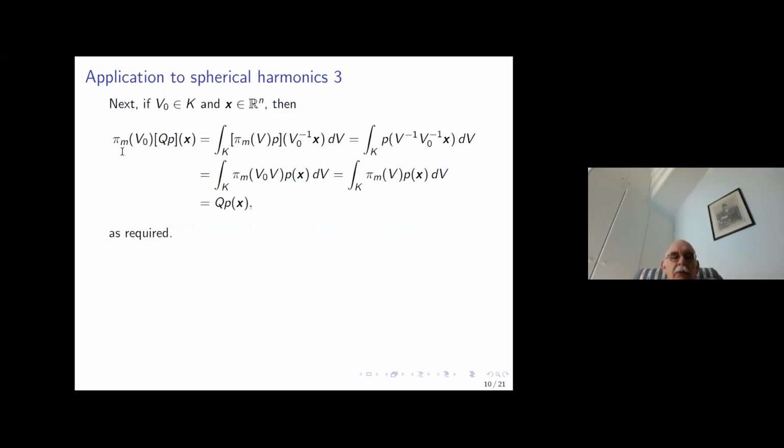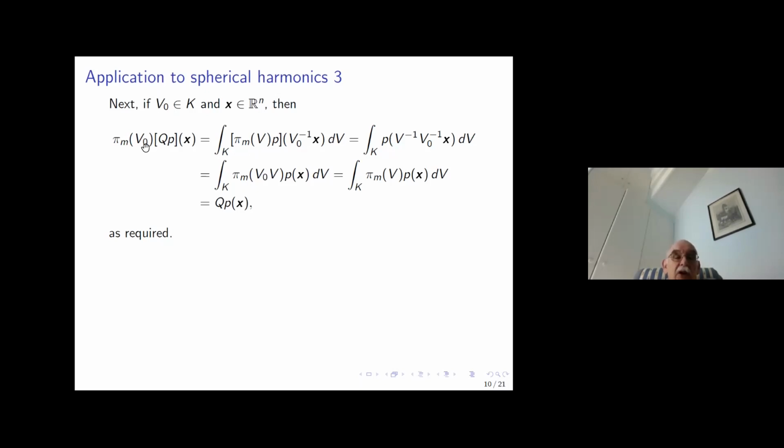Now, the next thing is to prove that if I look at Q of P and I apply one of my rotation operators, then I don't change Q of P. So let me see if I can do that. I have to write down what this is by definition.